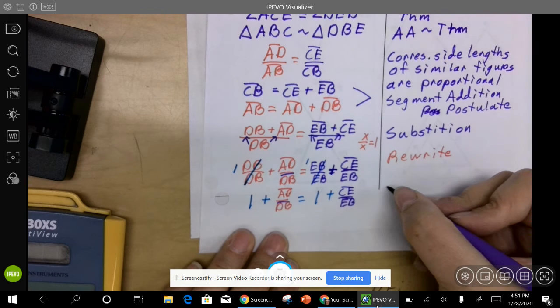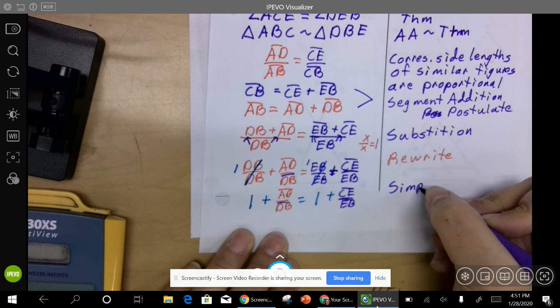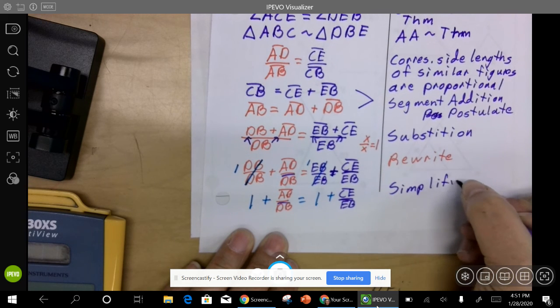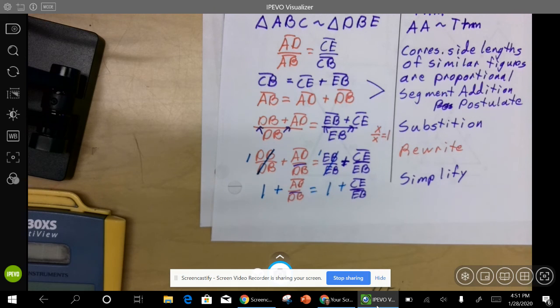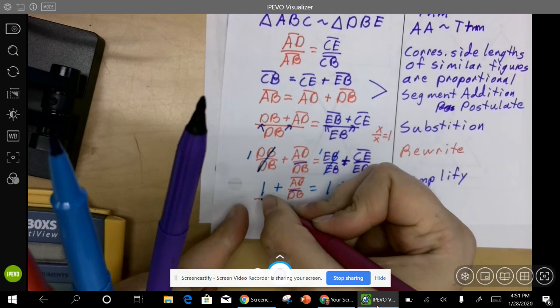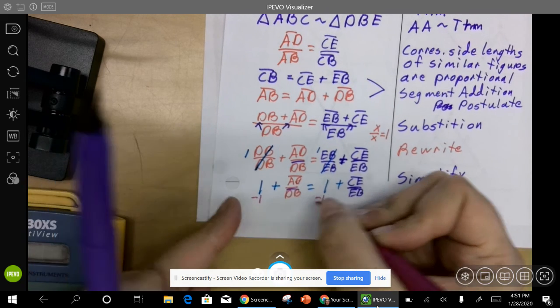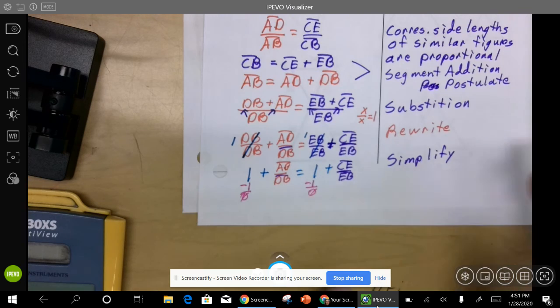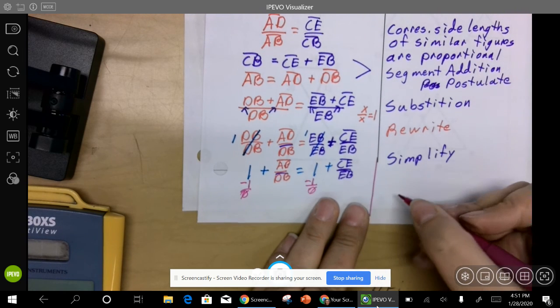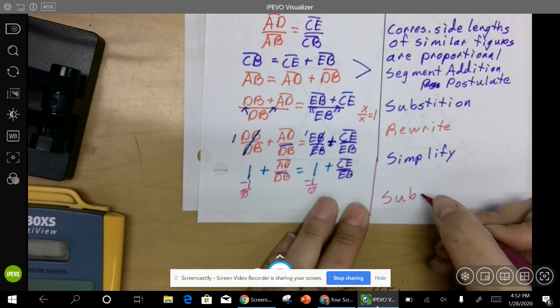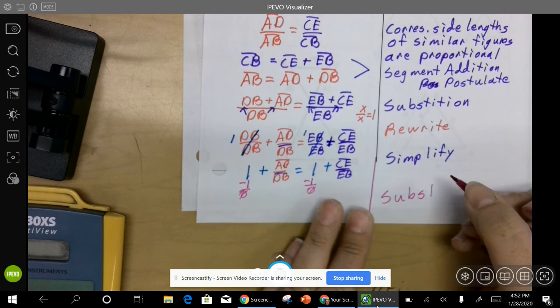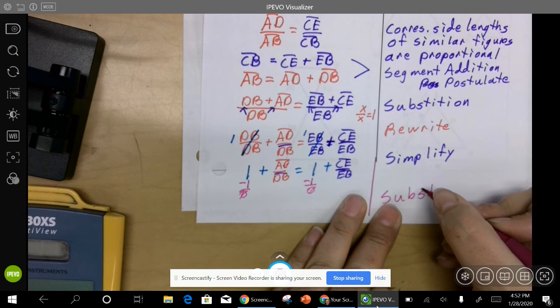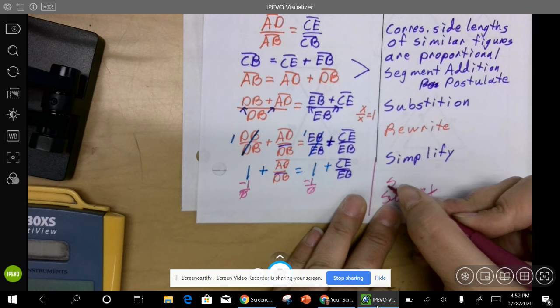Okay, and so this we just simplified. And then I'm going to subtract 1 from each side. Okay, so everybody, I did subtraction. So our reason is subtraction. I consolidate.